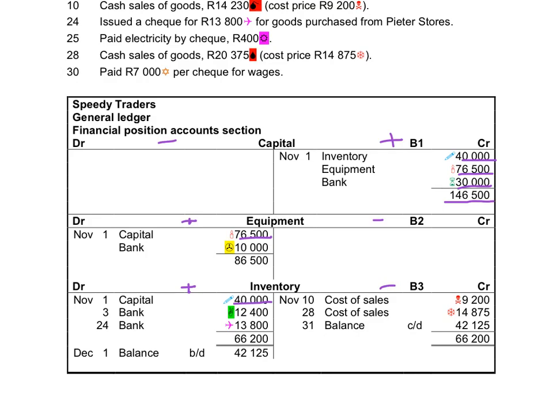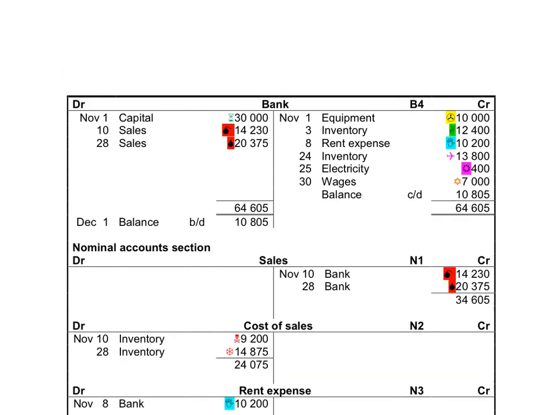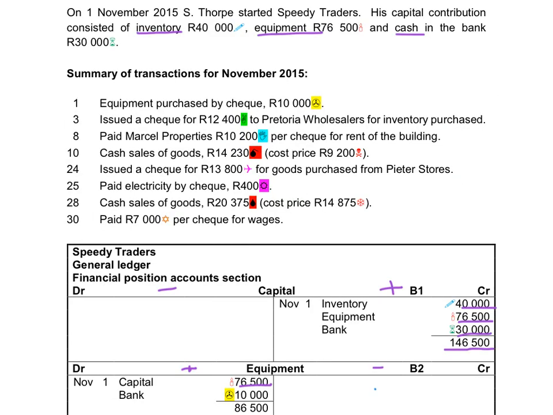And you will indicate that this amount was transferred to the credit side of the capital account. In the bank account, you will also show the 30,000 because the money in the bank increased and assets increase on the debit side.